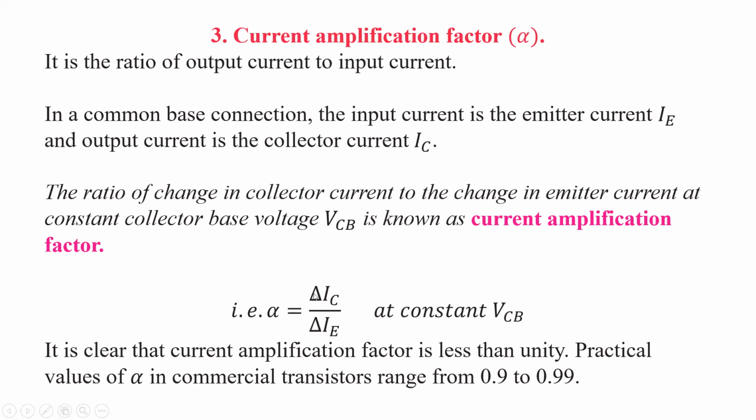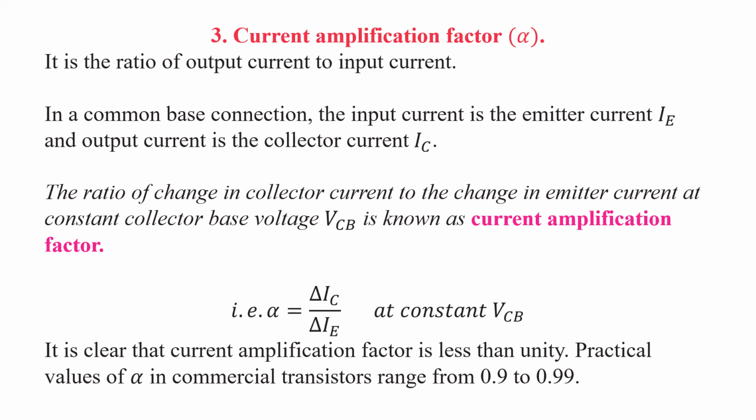So this ratio has to be always less than unity, or less than 1. It is observed that the practical value of alpha in commercially used transistors ranges from 0.9 to 0.99. It is just less than 1. Usually alpha is used for representing the current gain or current amplification factor in common base mode.